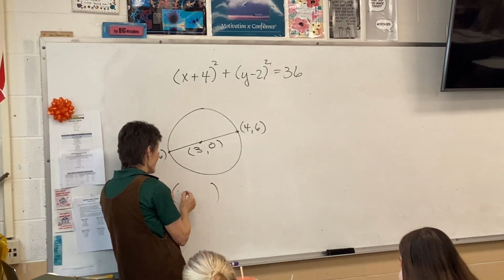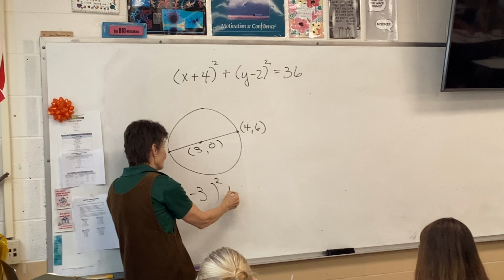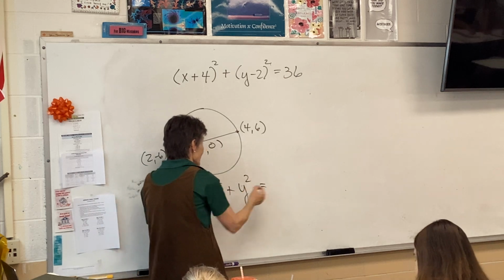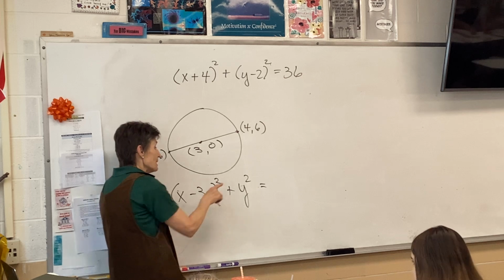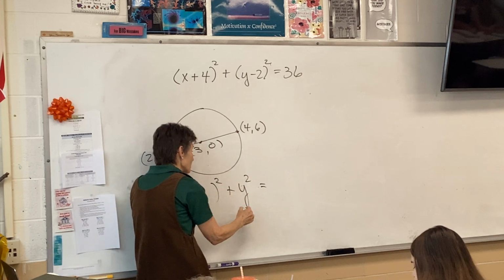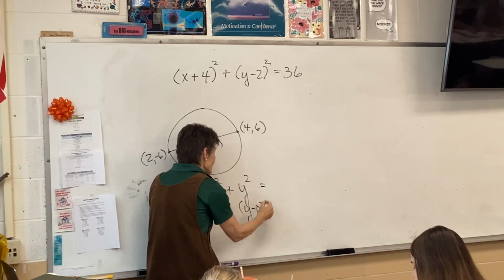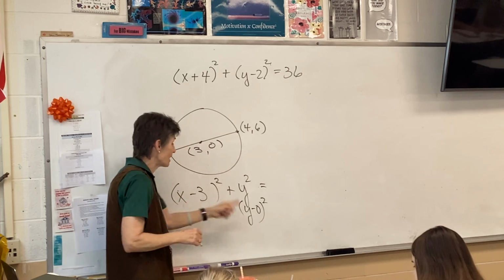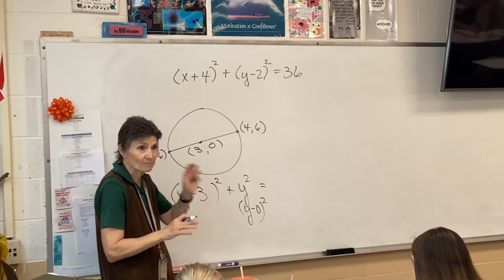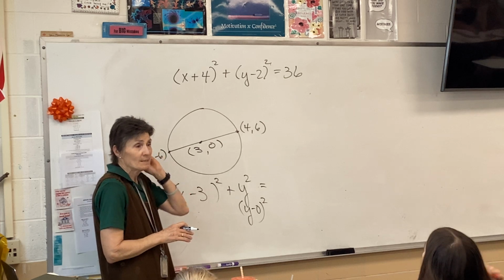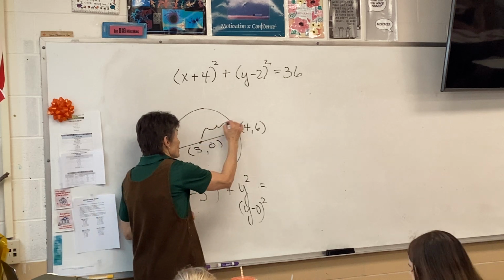That means that my equation looks like this to start. If it's easier for you, we talked about this the other day, you can do this, that is fine. There is nothing wrong with that. If it makes it look better to you to put that in there, that's totally fine. Now I need my radius, which is right here.